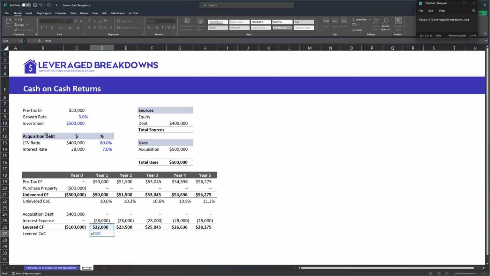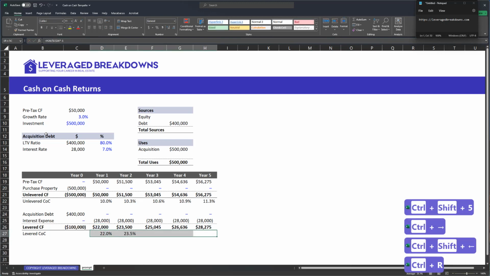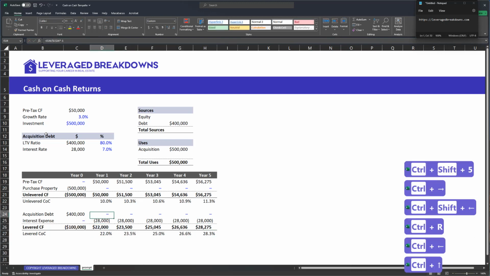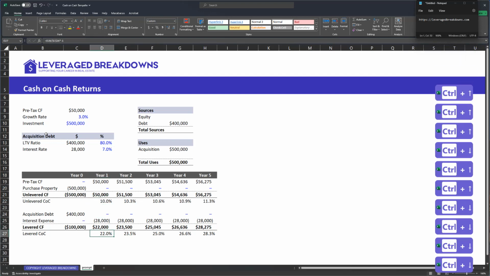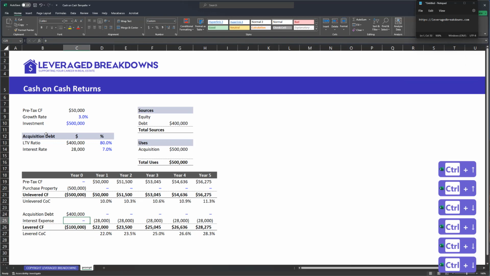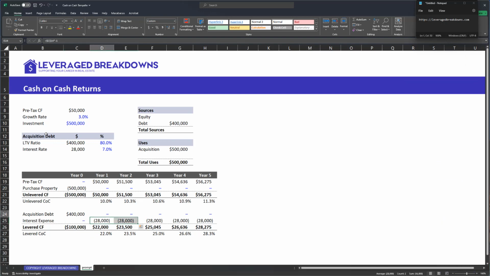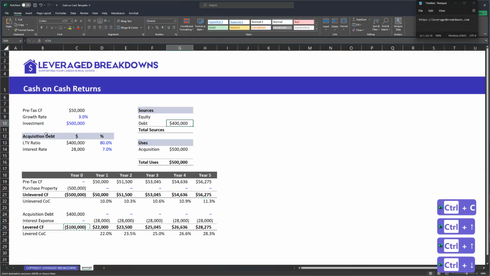It's going to be this divided by that times -1. And you can see the impact of leverage on our cash on cash. It has an immensely beneficial impact. Obviously, it has the upside of decreasing your denominator to just $100,000, which we will bring into our sources and uses here.